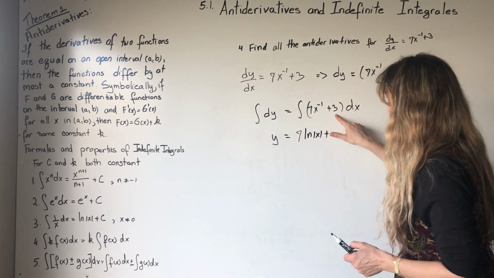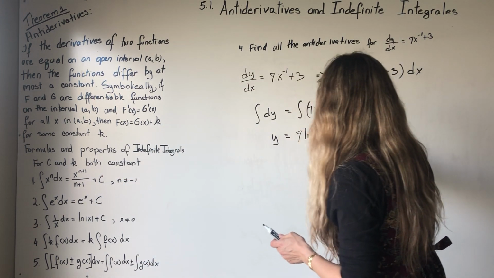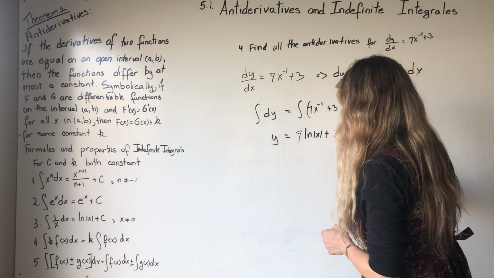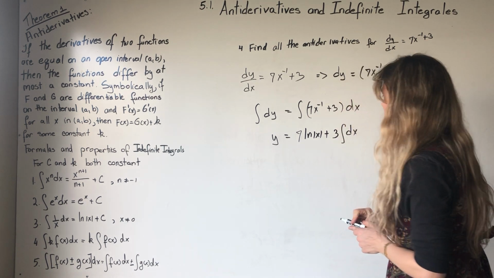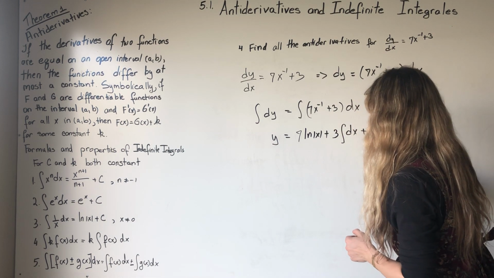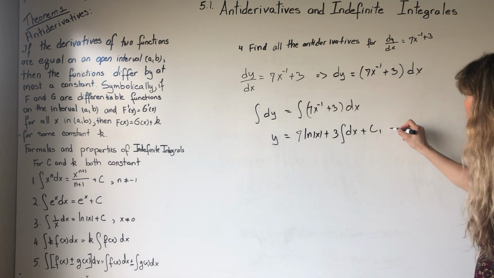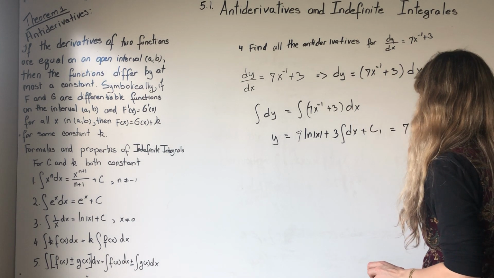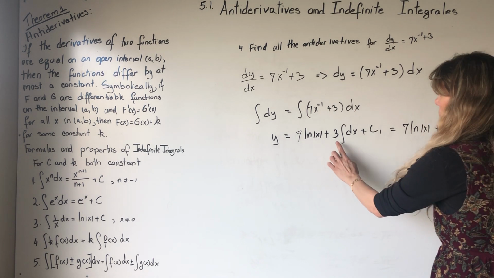Plus, I have this 3, this is just a constant, I can put it in the front, and I have an integral dx, right? This is plus a c1 from here. And then I can write this one as 7 natural log of absolute value of x plus 3.